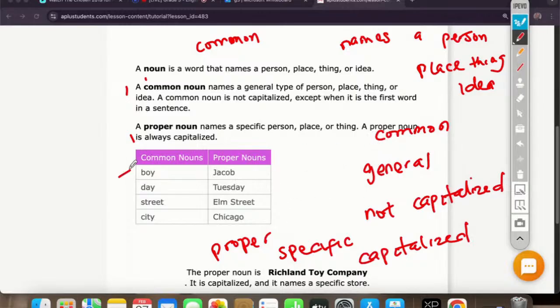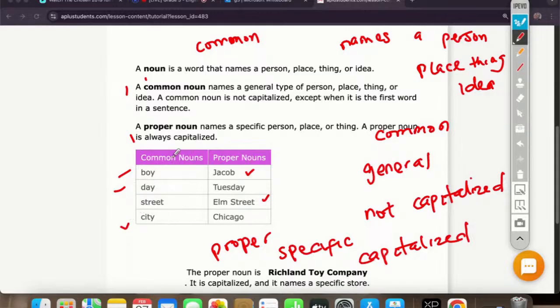So we have boy under the common noun. As you can see, it's general, but then we have a name of a person, Jacob, meaning it is specific, so we capitalize the proper noun. Then we have day, which is general, and Tuesday is specific, so we capitalize Tuesday. Then street, which is Elm Street, specific, so we capitalize that.